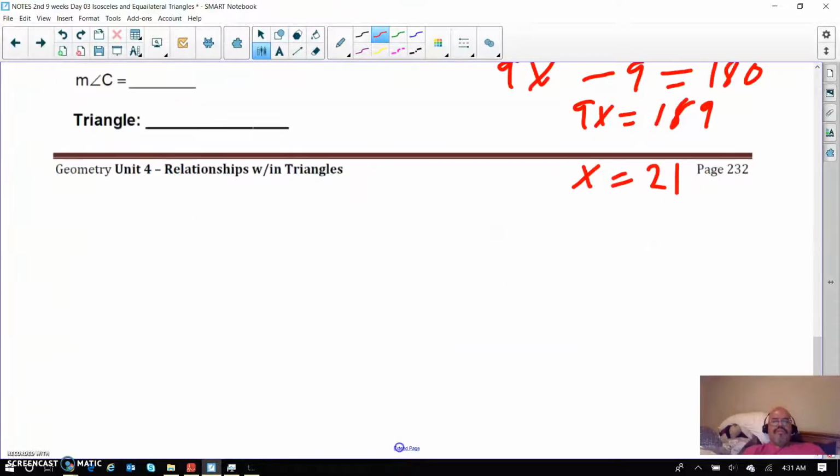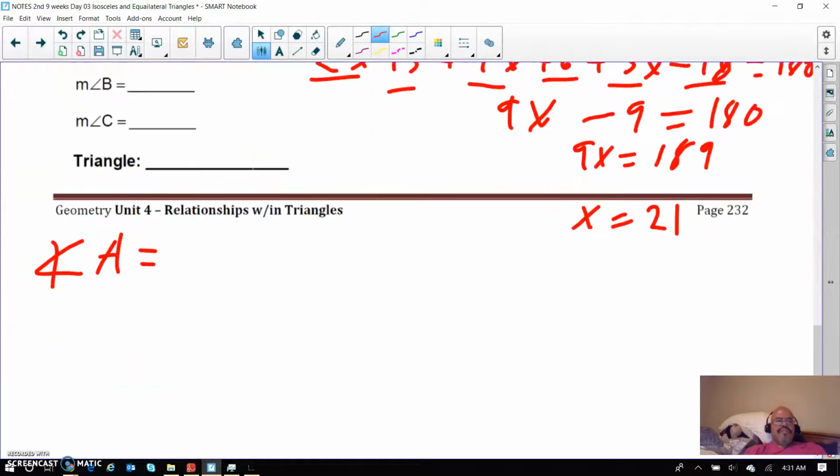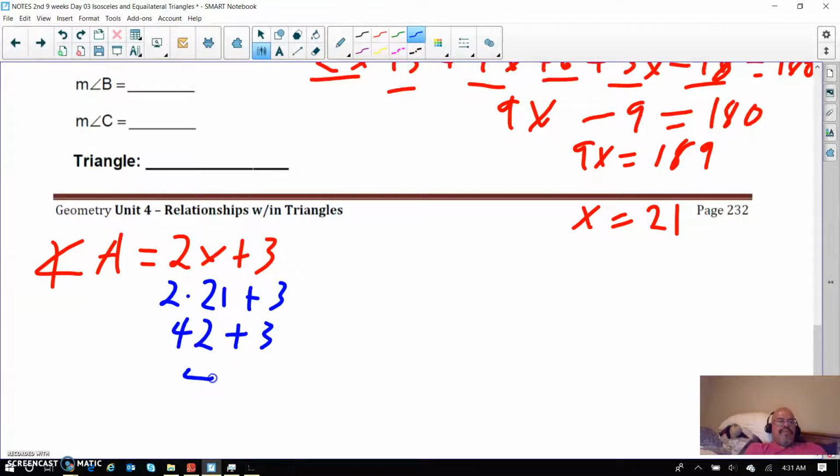Now we have a couple more parts. Angle A is equal to 2x plus 3. So it's 2 times 21 plus 3. 2 times 21 is 42, so that's 45.